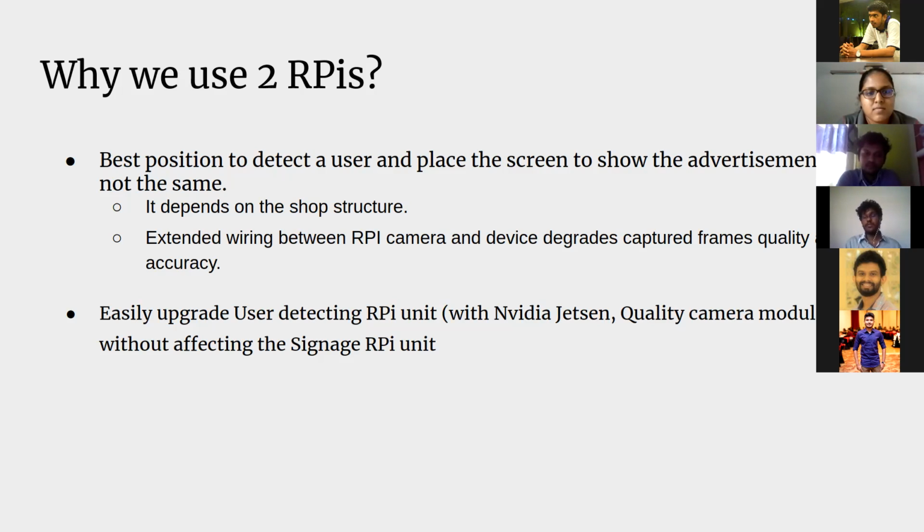To do that, we have to use powerful units like NVIDIA Jetson. Without interfering with the signage and all the code we have written, we can simply upgrade the user detecting part with those powerful units. So in that way, it's better to have two units. Those were the reasons.